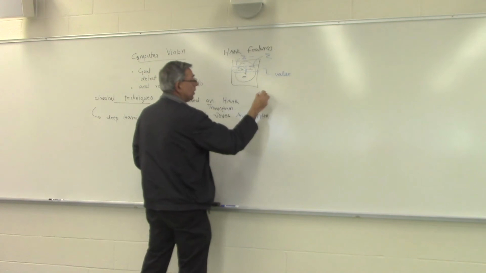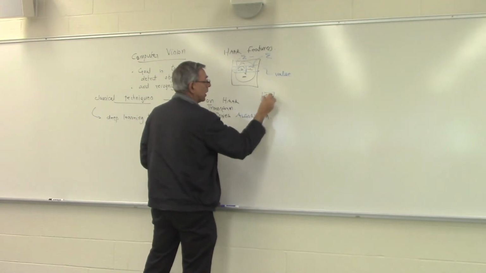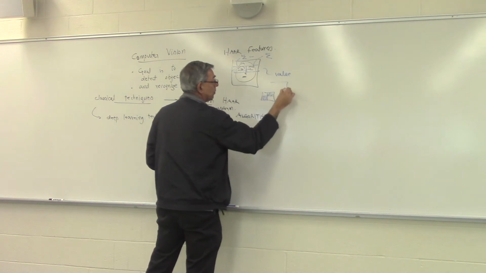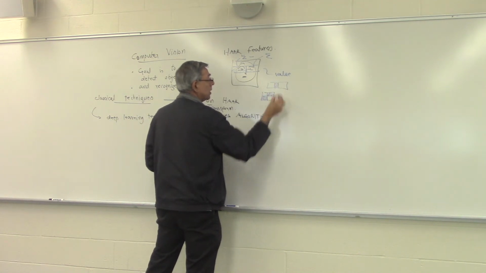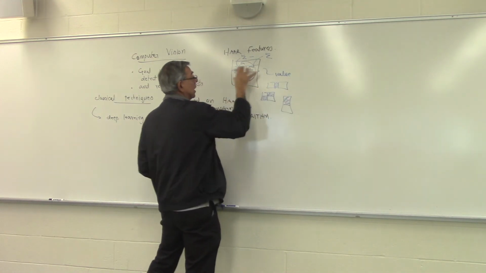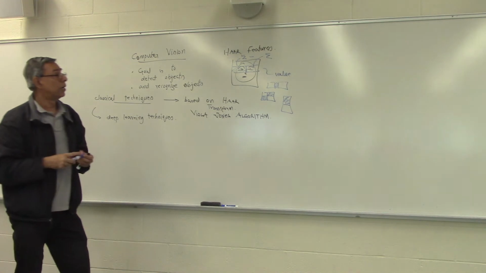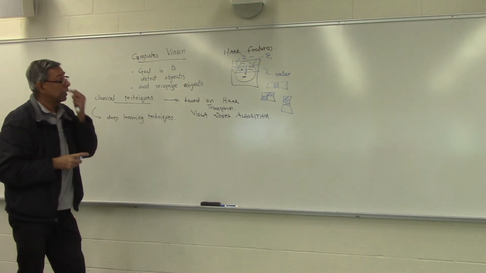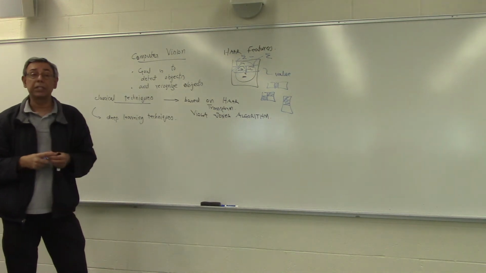In the same way, we have windows like this of different sizes. So basically, we create many, many different size windows on a given image and compute what are called Haar features.